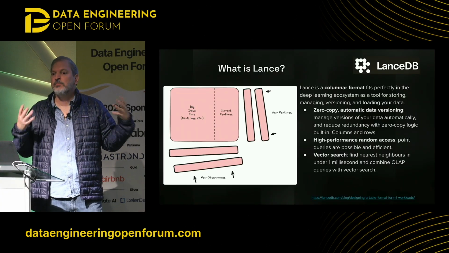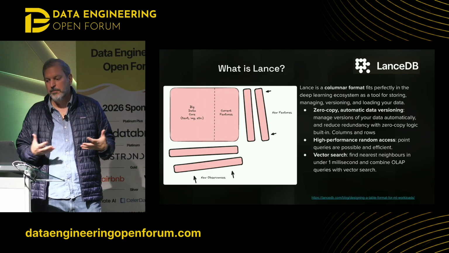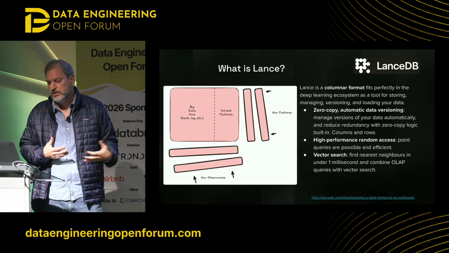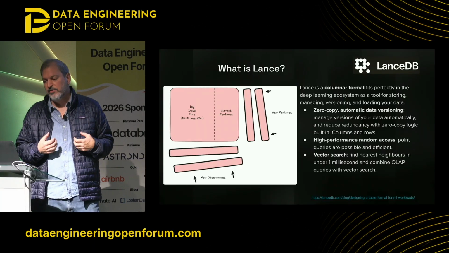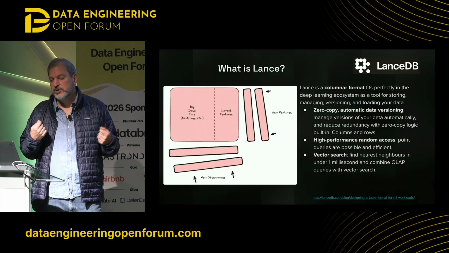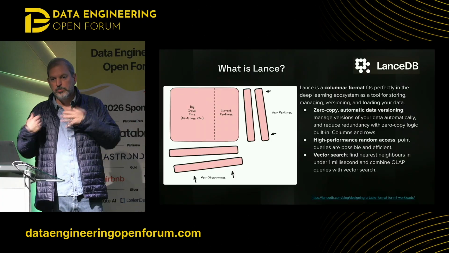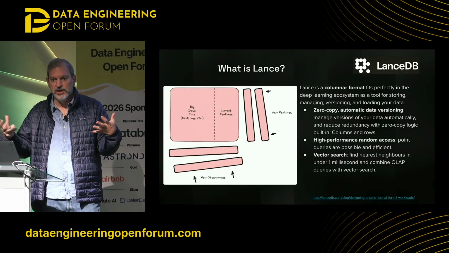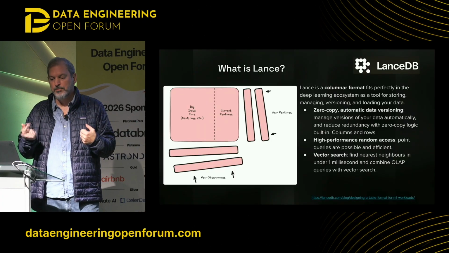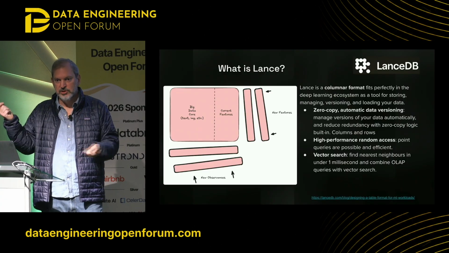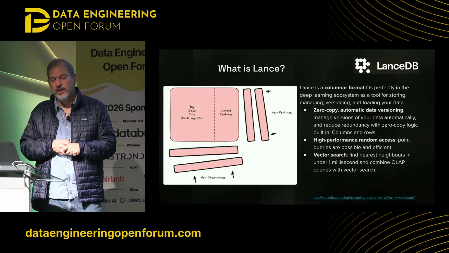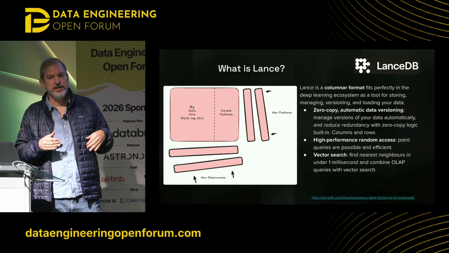And this two-dimensional growth of the data makes it very painful with the existing systems. They came up with the idea of having a columnar format that supports zero copying, so you don't need to carry your previous data set, you keep growing the data set. A manifest points to the changes on the data set, and they also provide implicit vector search.